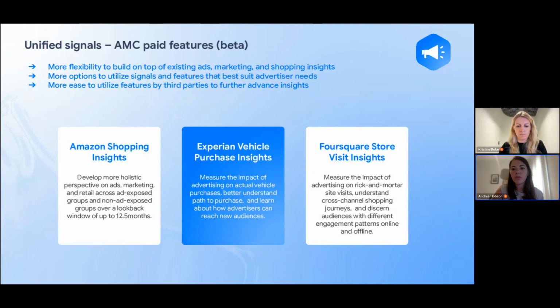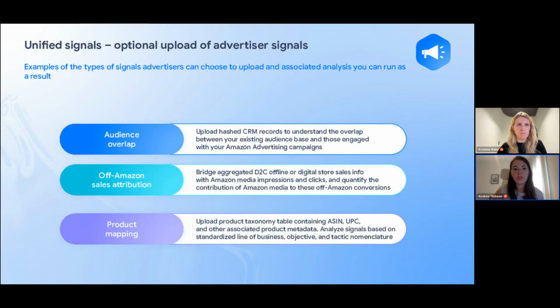So finally, how AMC also lets advertisers bring in their own first-party data and connect that to Amazon Ads. You upload CRM records to see how your existing audience intersects with Amazon Ads audiences.